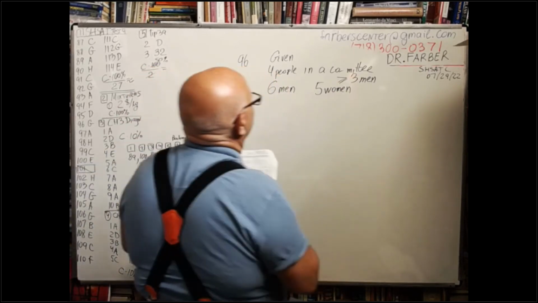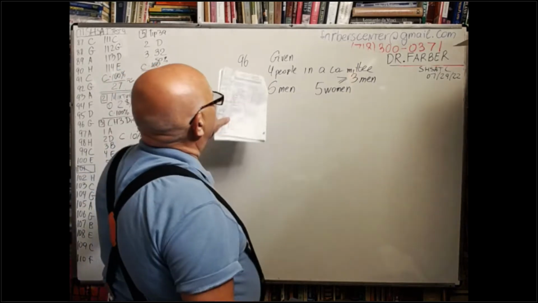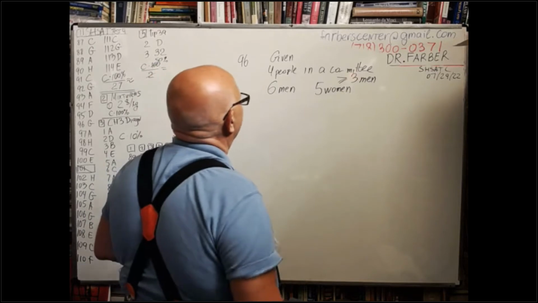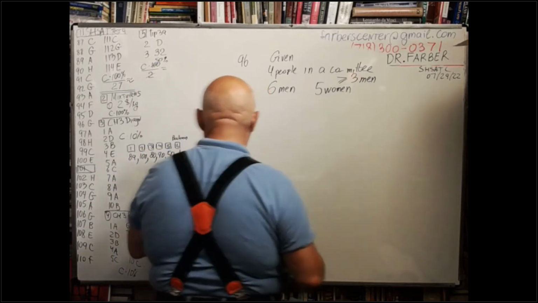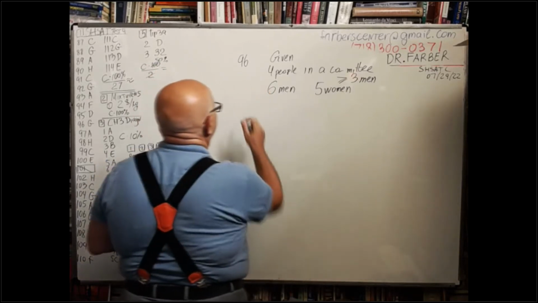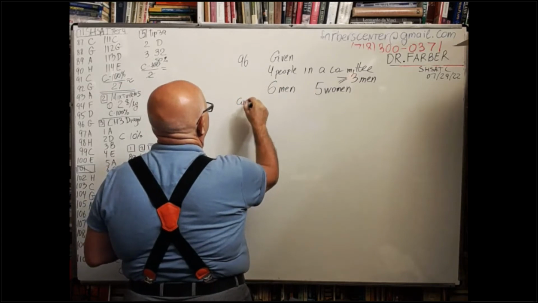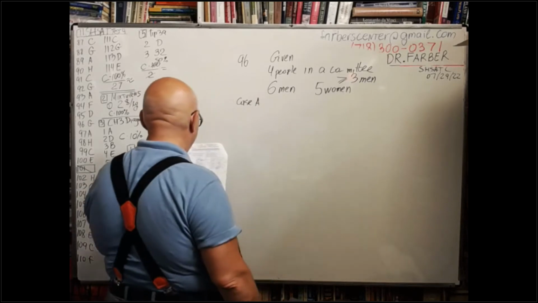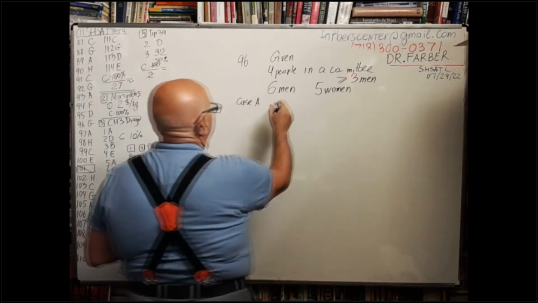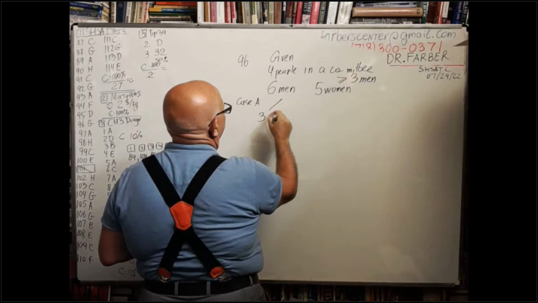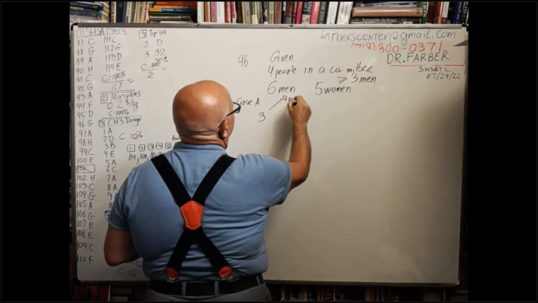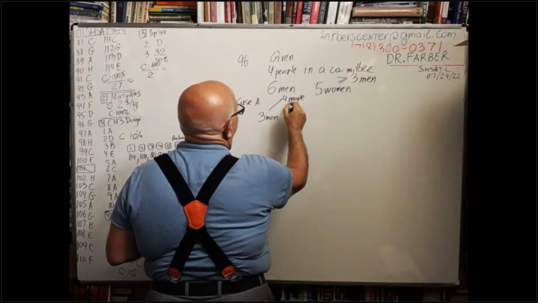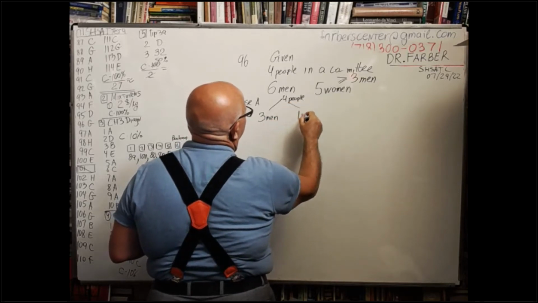Anything else? What is greater than or equal to 3 when the total is 4? You can have 2 scenarios. For instance, one scenario, let me write case A. We have 3 men, because this is 4 people, right? And 1 woman.